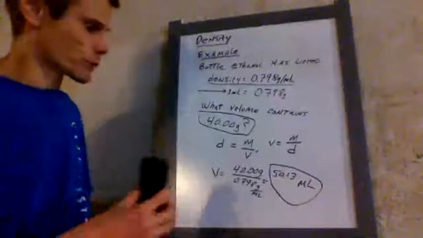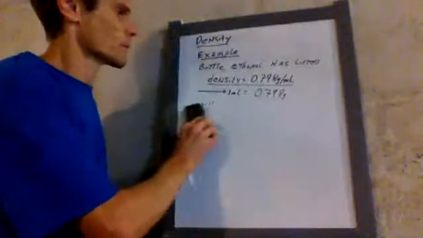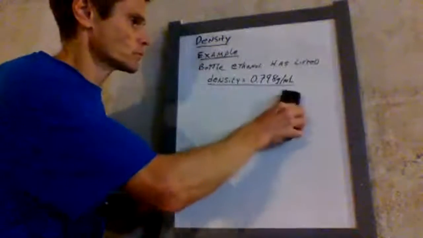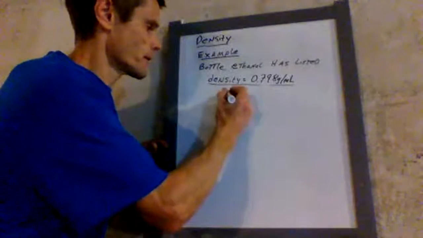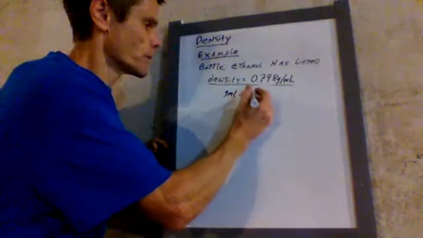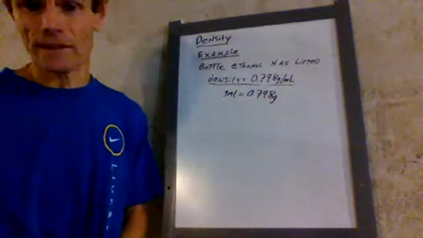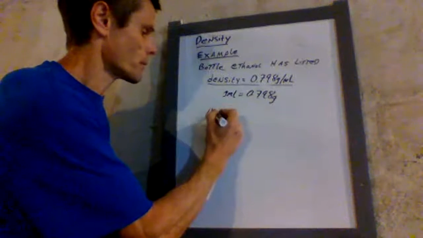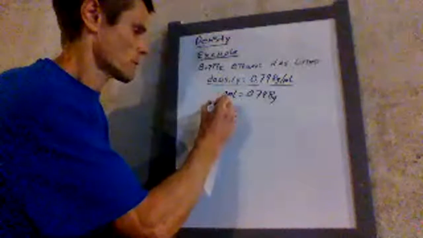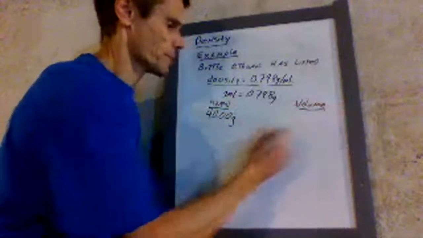Let's show how we can also use density as a conversion factor. Some people prefer that. So remember, density tells us that 1 milliliter of ethanol has a mass of 0.798 grams. That's basically what density is telling us. Remember what we started with? We started with a mass of 40 grams, and we're trying to find the volume that provides us with that mass.